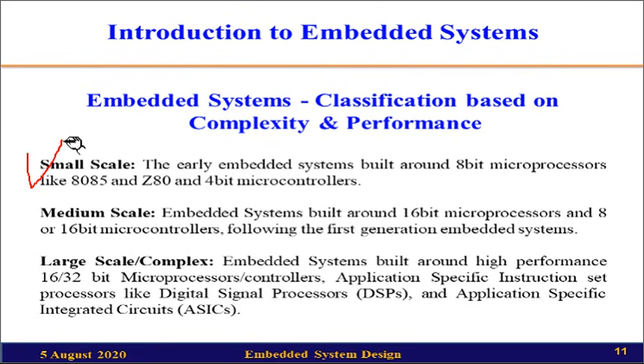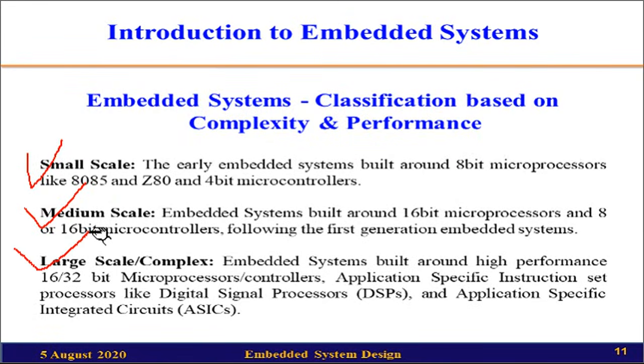This is the same as what we have seen in the first generation. And coming to the second one, we have medium scale, where the embedded systems were built on 16-bit microprocessors and 8-bit and 16-bit microcontrollers. This is comparable with the second generation in the classification based on generation. The second generation we can consider as the medium scale.